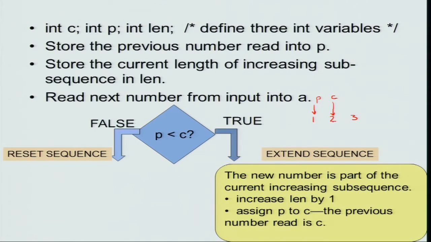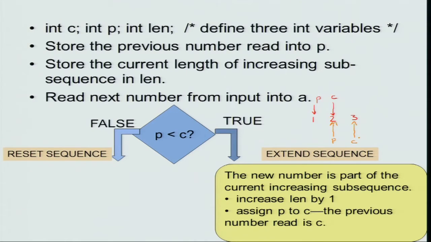After extending the sequence, we have to proceed and see what will happen with the next number. So when you do that, I will extend the current sequence by doing the following. I will now set P equal to 2 and C equal to 3. Okay.